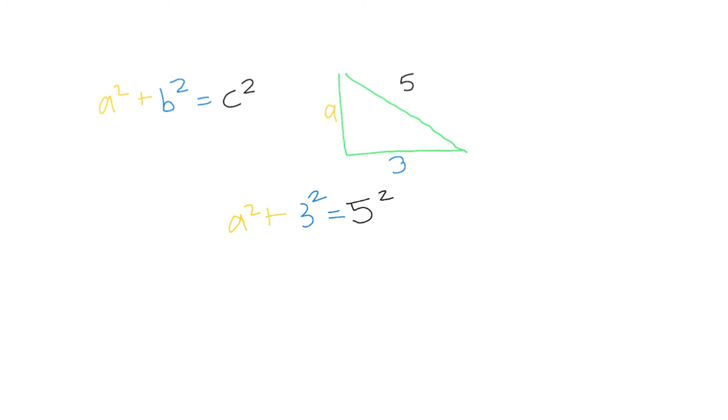Okay, so now we need to find A because that's the unknown variable. So let's just solve it like a normal equation. A squared plus 3 squared, which is 3 times 3, 9, equals 5 times 5, 25. We subtract 9 from both sides.